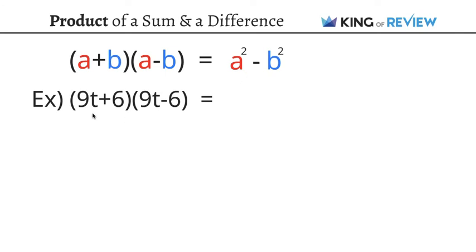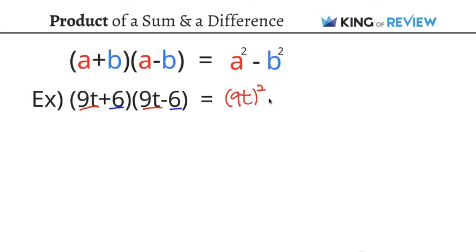Please don't distribute this. And please don't use the FOIL method either. We have a beautiful formula here, right? So these are the first one, right? And these are the last one. So the formula is the first one squared, so 9t squared.